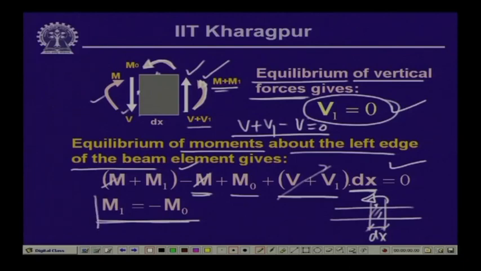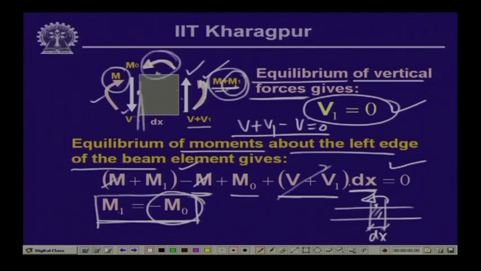So, on the left hand side we had the moment M, and on the right hand side of this small length dx we have M plus M1, where M1 is minus M0. That means, whatever moment we get on the left edge, on the right edge this quantity M0 gets subtracted, and finally we get the moment over here.